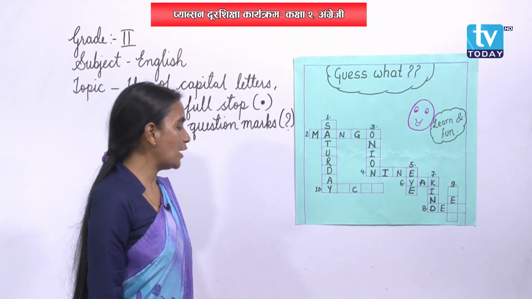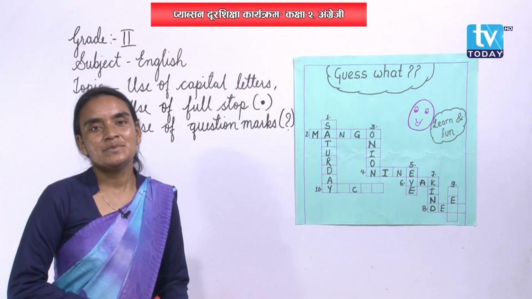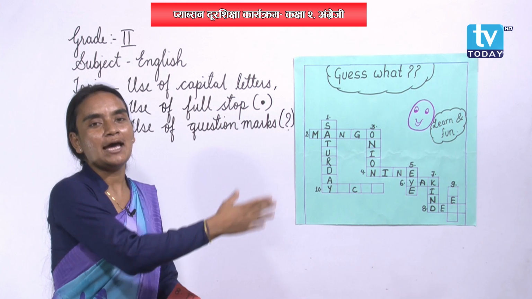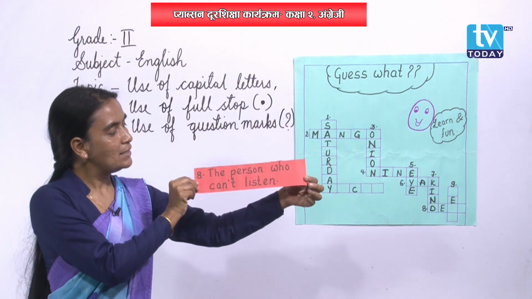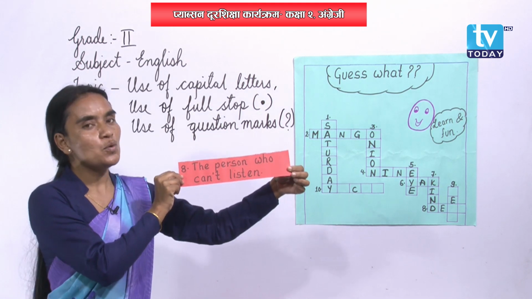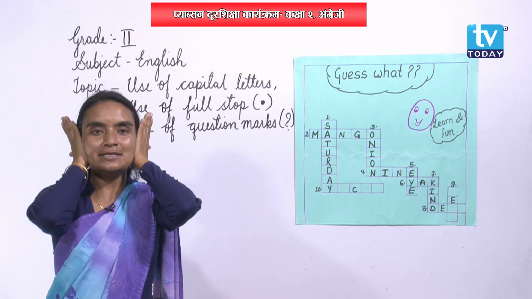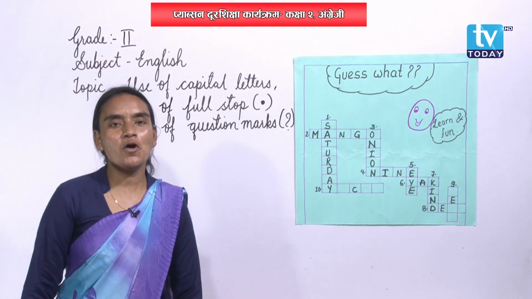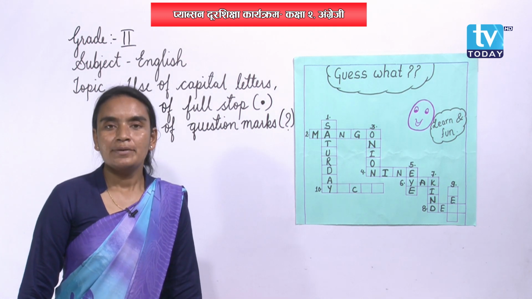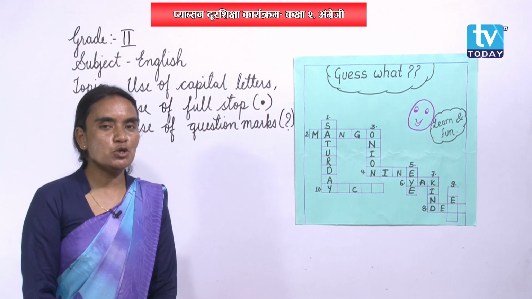Okay, now we are going to number 8. Even number, so left to right. The instruction here goes for all you babies. It's the person who cannot listen. We are listening well, but the ones who are basically disabled while listening are also called.